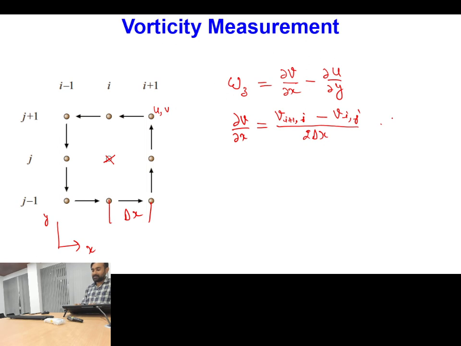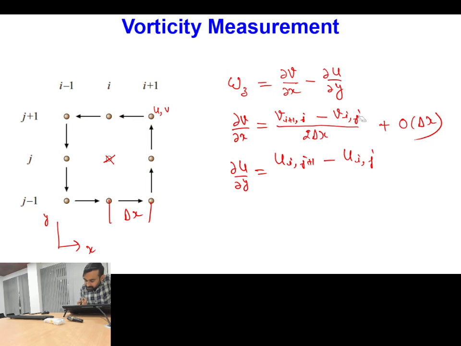What is the order of accuracy? And then similarly del u by del y, you can calculate u at i comma j plus 1 minus u at i comma j minus 1, divided by 2 delta y. Sorry, I am using 2 delta x, so I must use here i minus 1.